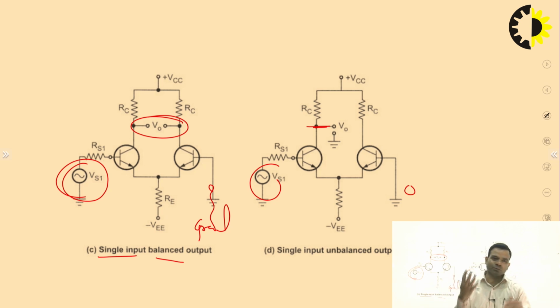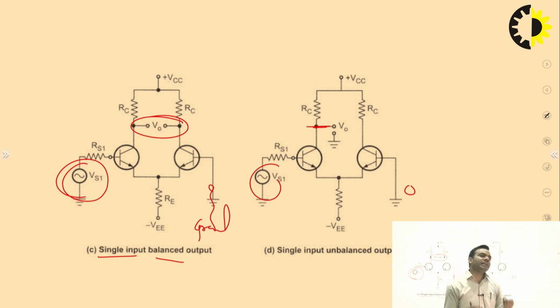So, there are four combinations. Dual input balanced output means you are providing two inputs and taking output from the two transistors. Dual input unbalanced output means you are providing two inputs and taking output from either transistor Q1 or Q2.